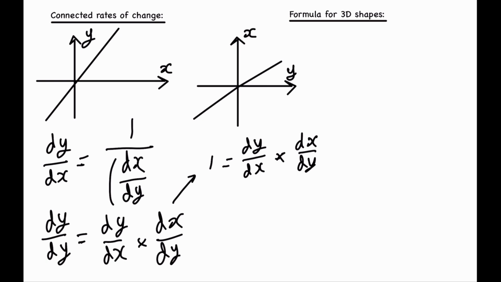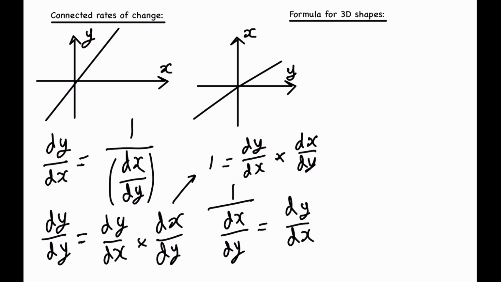Then if you rearrange, you get 1 over dx over dy is equal to dy over dx, just like the formula from before.